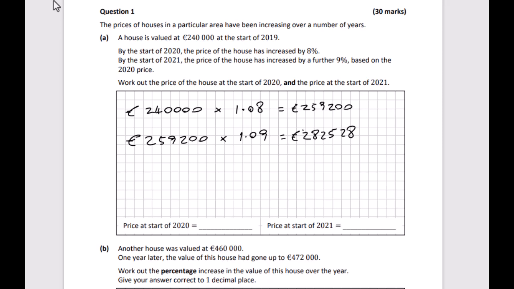So our answer is price at the start of 2020 is 259,200 euros, and then at the start of 2021 the cost is 282,528. And that's it for part A.